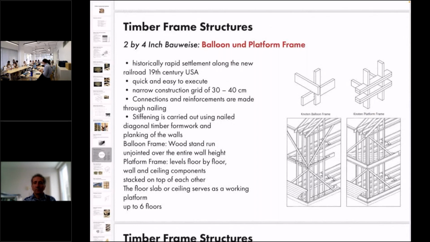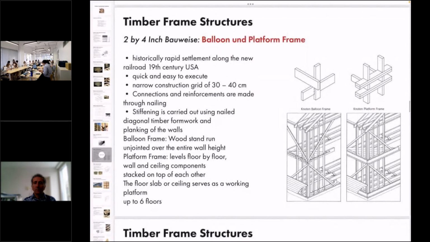They have a narrow construction grid, and there are basically two types of frame structures, which are the balloon frame, where you have wood studs run unjointed over the entire wall height, and then the platforms attached to that.